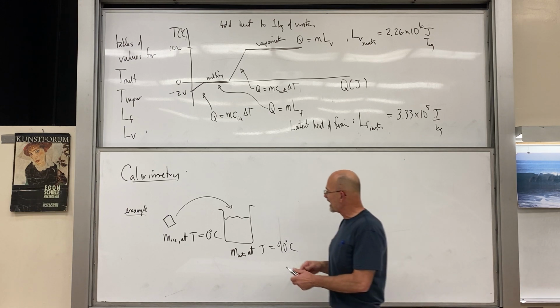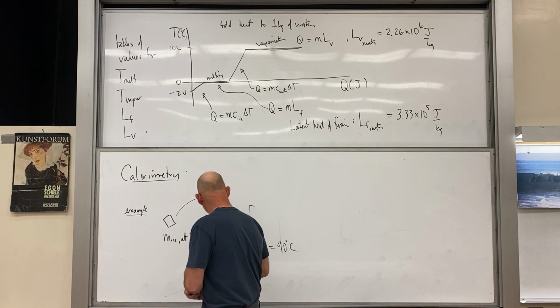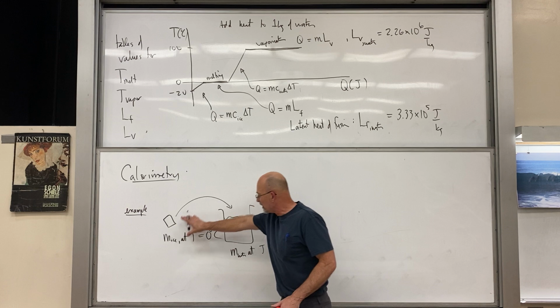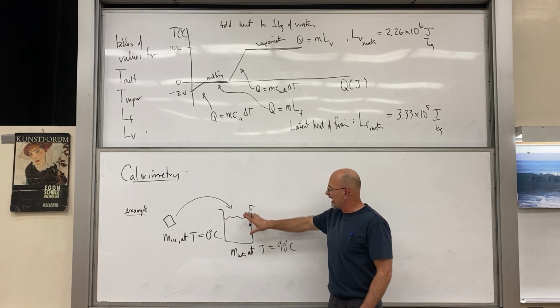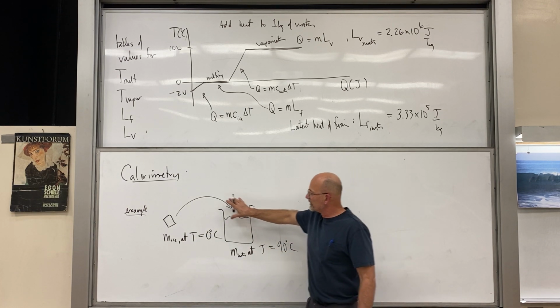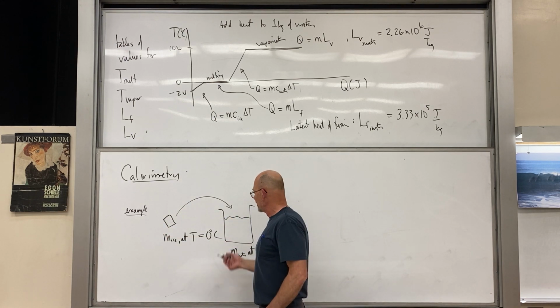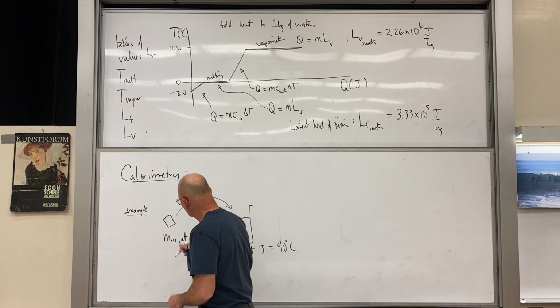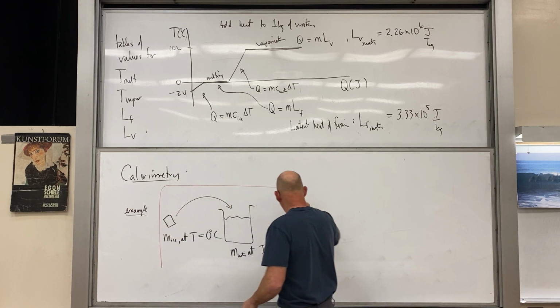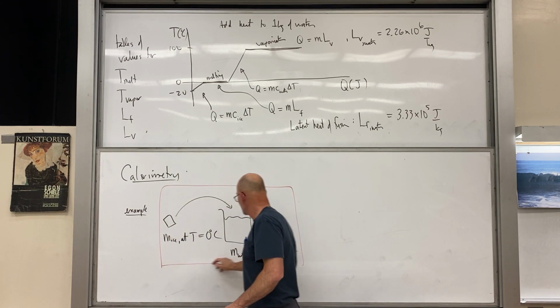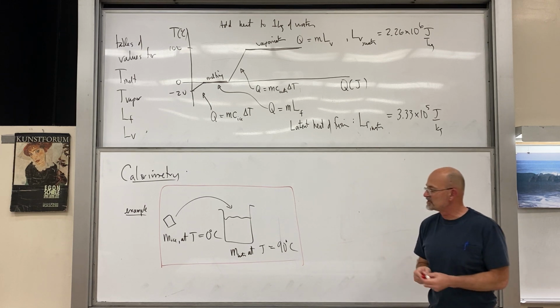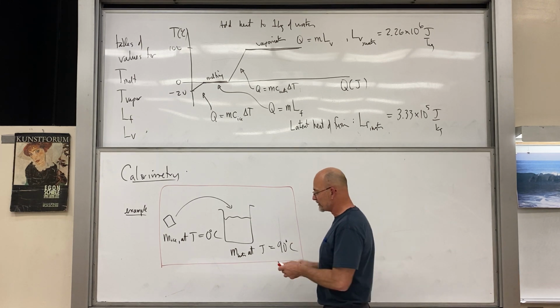The idea with calorimetry is we want to find the equilibrium temperature. After the ice all melts, the energy is going to come from the warmer water. It's going to melt the ice and bring the temperature of the ice up. And so what we imagine is that this thing is isolated, with no energy coming in or going out of this system.